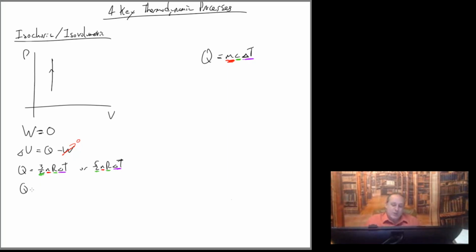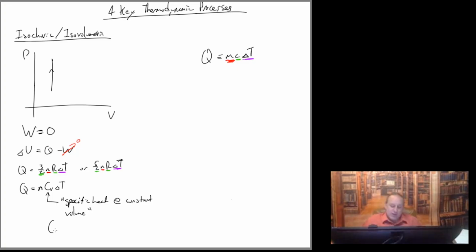So for that reason, we rewrite this as N times C sub V, that's a capital C. The specific heat in the old formula was lowercase. This is a capital C, where the C sub V stands for specific heat at constant volume.